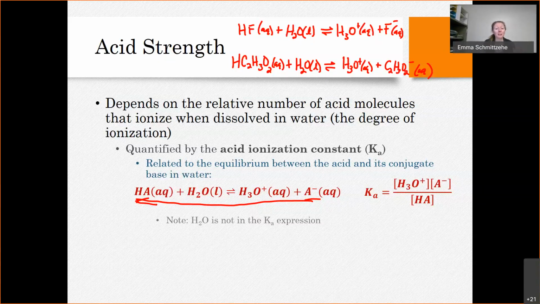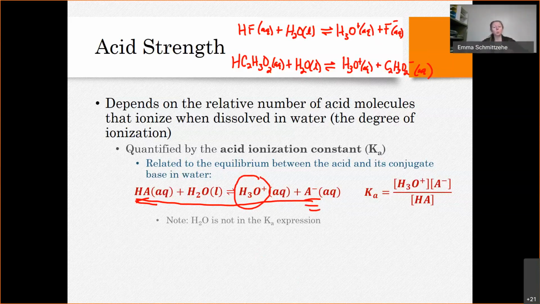And once you have the Ka value, it gives you a sense of how strong of an acid this is. And how is because what you have to realize is for something to behave as an acid, it needs to donate H plus, right? And so you can get a sense of how strong it is based on how much H3O plus is formed, or even how much A minus is formed, okay?